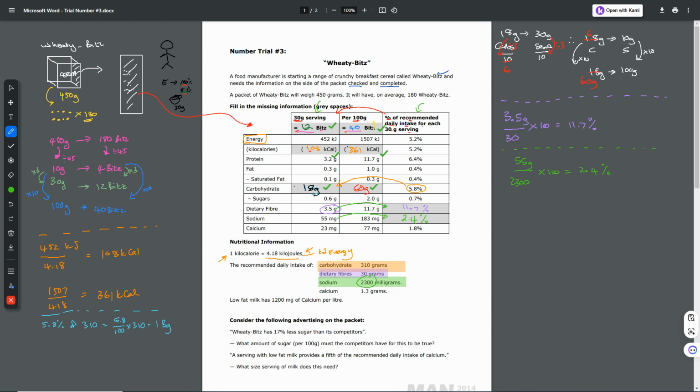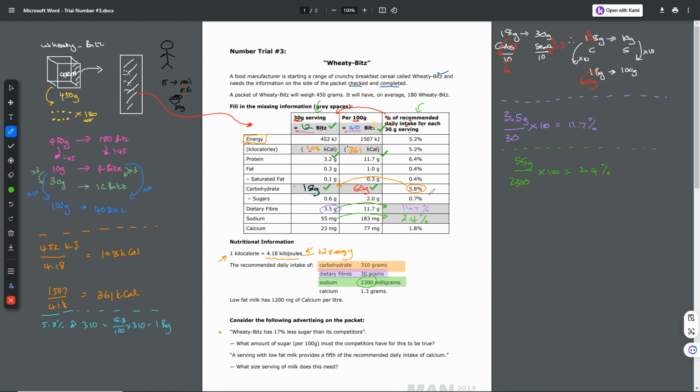Now it says consider the following advertising on the packet. It says Wheatie Bix has 17% less sugar than its competitors. Okay. Well, sugar is 0.7% in this case, we can see.